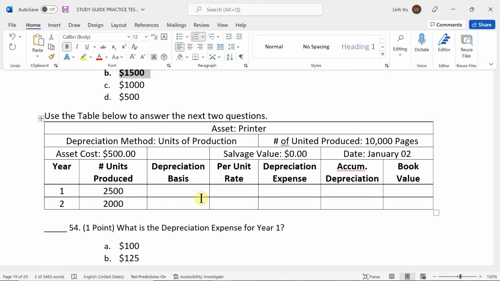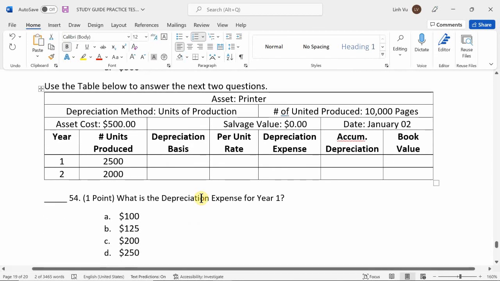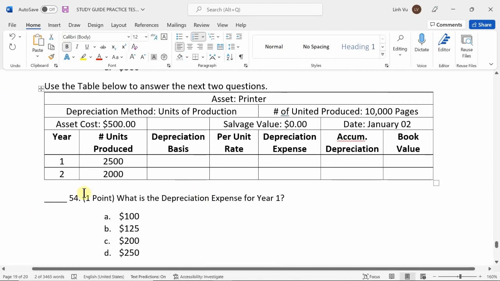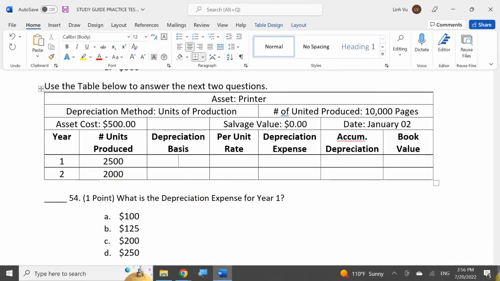The date that you placed into service was January 2nd. Here are the units that you produce for year 1 and year 2. So what's my depreciation basis going to be? It's 500. Good, asset cost minus salvage value gives you your $500.